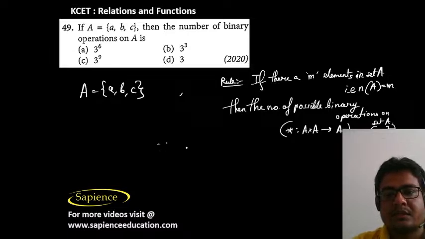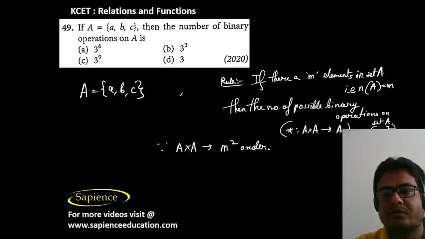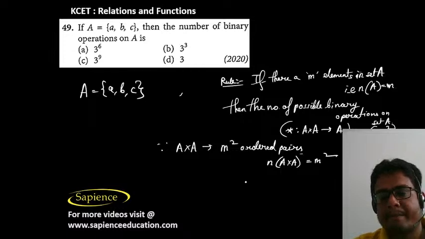Since the Cartesian product A cross A will have m square ordered pairs. It means that the number of ordered pairs in A cross A is m square.